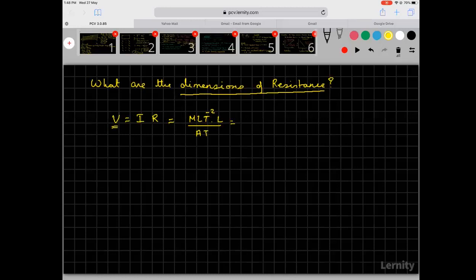So this is equal to ampere into resistance. So the dimension of resistance comes to M L square T power minus 3 ampere power minus 2. So this is the dimension of resistance.